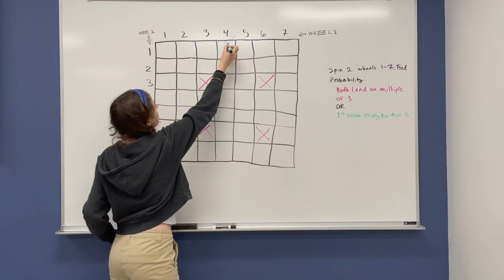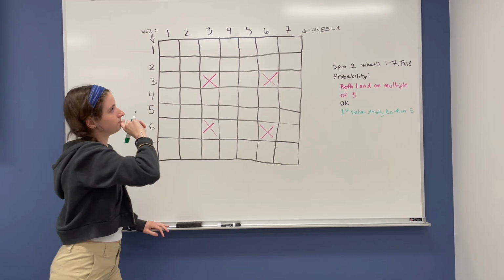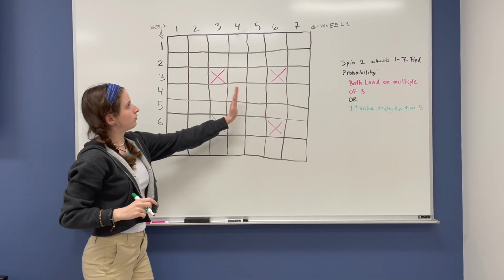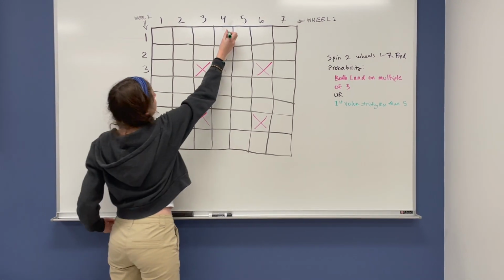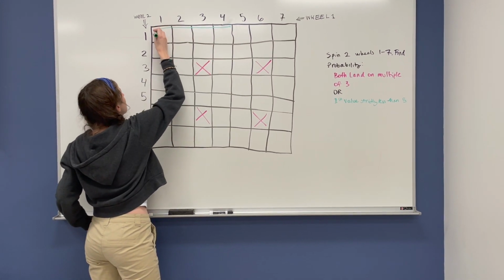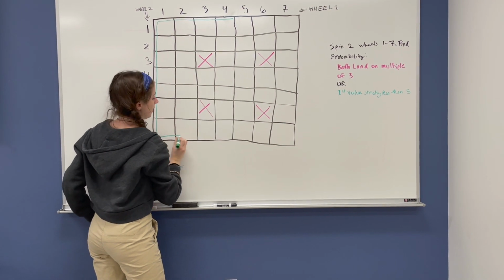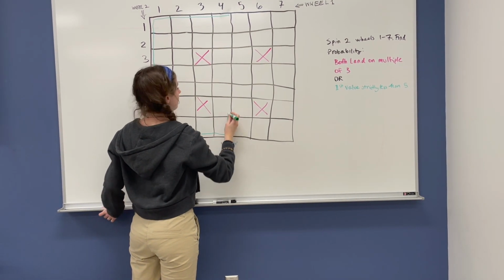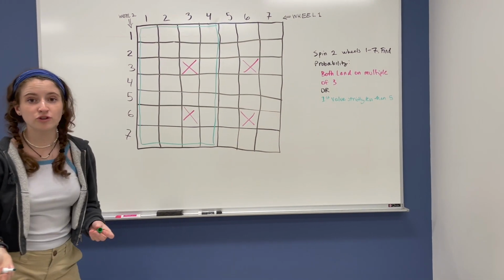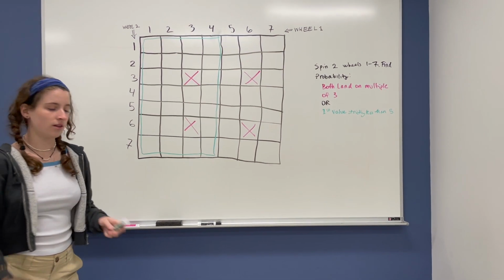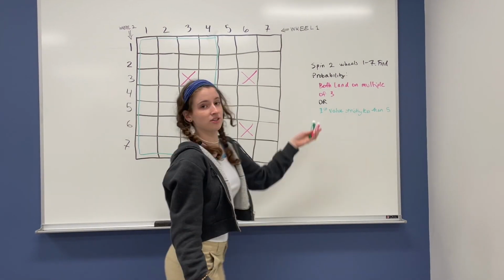So you want to mark every single 4 or less. Sometimes you can do this with X's, but usually I just like to draw a big box around it to save time. So I'm going to do that and just say, all of these boxes count. And that's it. You've marked every single case that you're asked to analyze.